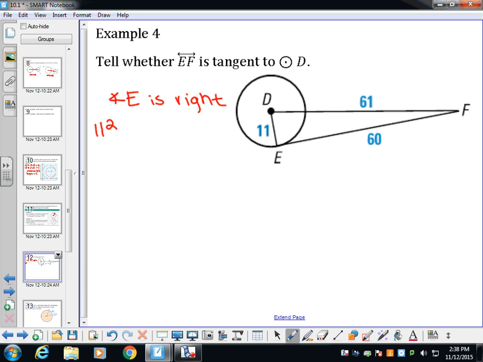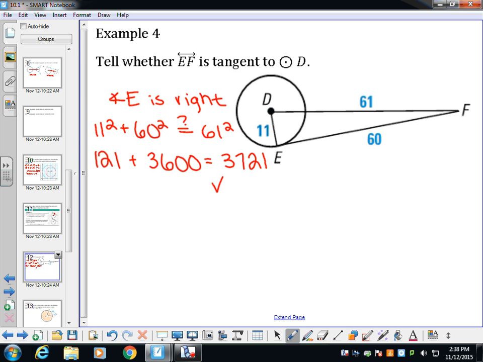Does 11 squared plus 60 squared equal 61 squared? 11 squared is 121. 60 squared is 3,600. 61 squared is 3,721. So therefore, yes, this does work out. So that means that EF is truly tangent to circle D.